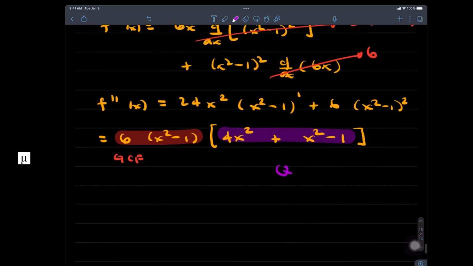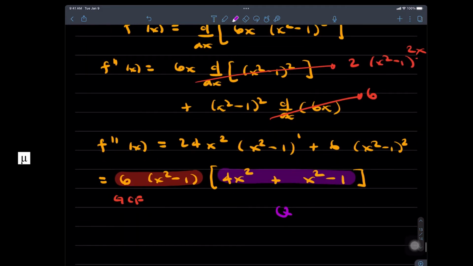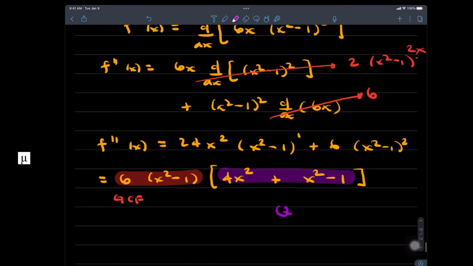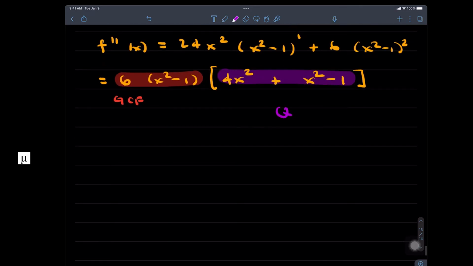Algebra every calculus student should know. So I'm going to go back here to this derivative. So I have 6x, 2 times x squared minus 1 times 2x. Okay, 24x squared. And that's our second derivative.